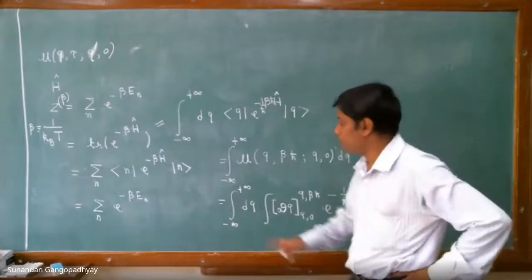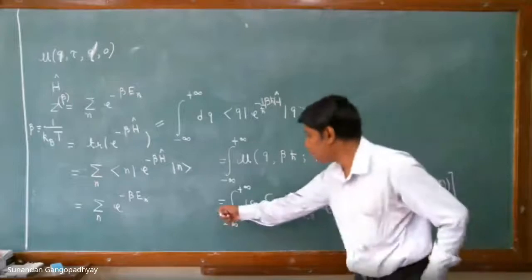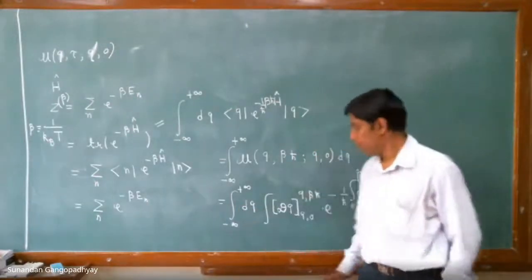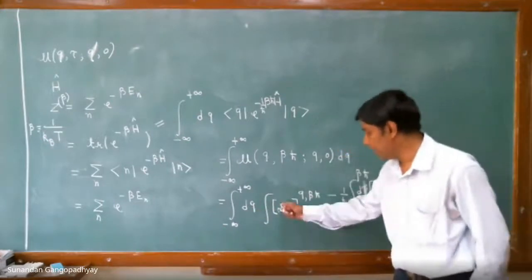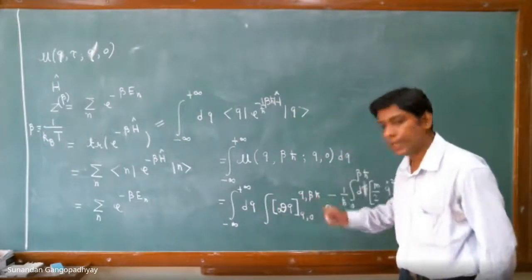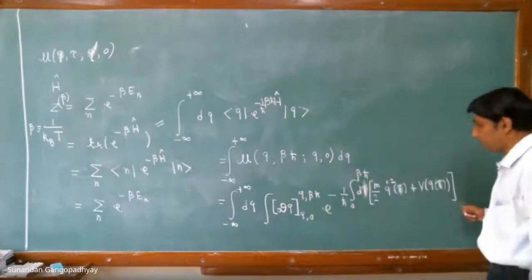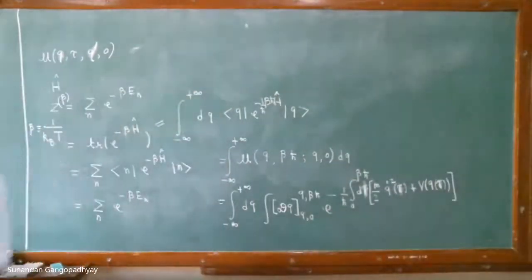This partition function Z of beta can be written in this way as a path integral. So you have an ordinary integral over q, and then you have a path integral Dq from q0 to q beta h bar, e to the power of minus 1 by h bar integral 0 to beta h bar and this thing. So you can see that the partition function in statistical mechanics can be written down in this way.